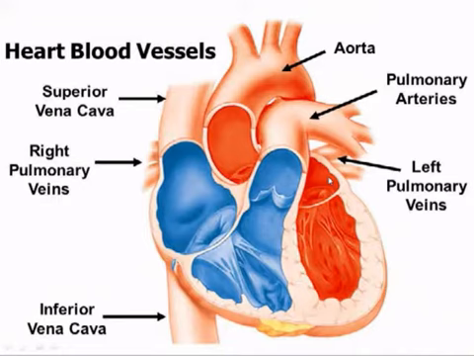From this left atrium, the blood is pumped to the left ventricle, and this oxygenated blood in the left ventricle goes to the different parts of your body through the aorta. So this is the aorta through which the blood goes to different parts of your body. That too, which kind of blood? The oxygenated blood. So this is a brief idea about the various blood vessels of your heart.